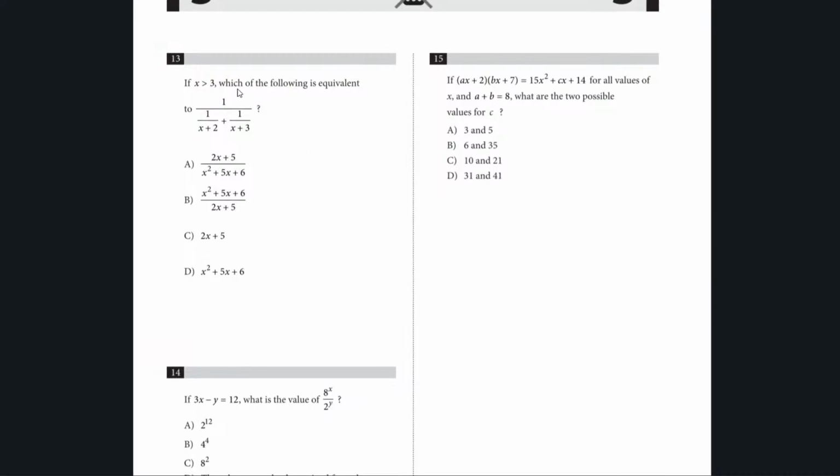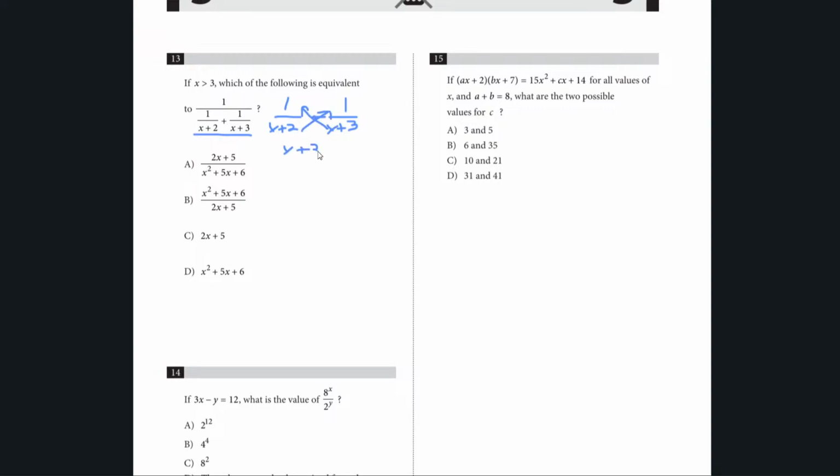If x is greater than 3, which of the following is equivalent to 1 over these fractions, which I will not repeat? The first thing we should do is combine the bottom, or the denominator. We have 1 over x plus 2 plus 1 over x plus 3. We can do this by changing their denominators. So we do that by multiplying x plus 3 over and x plus 2 over.